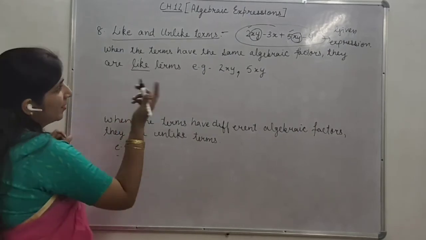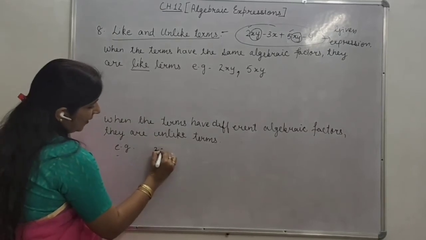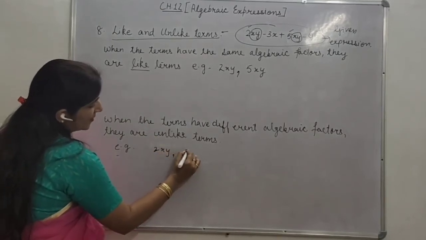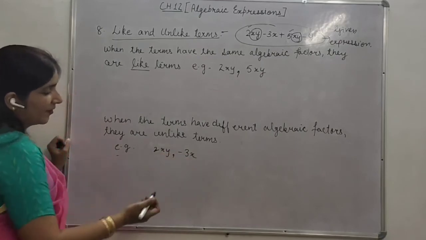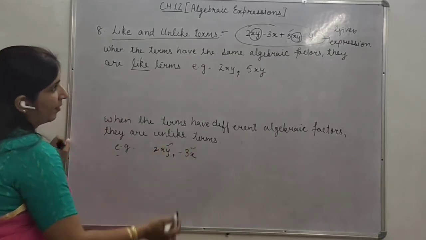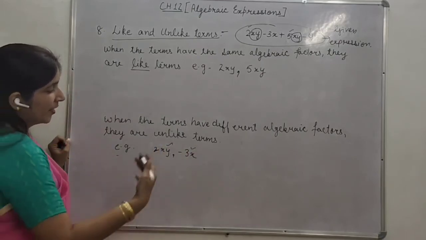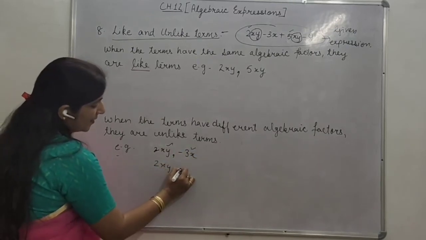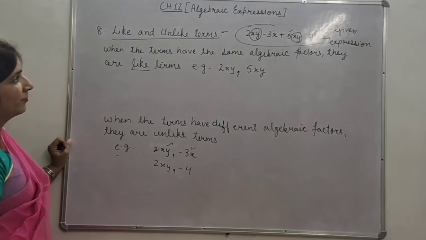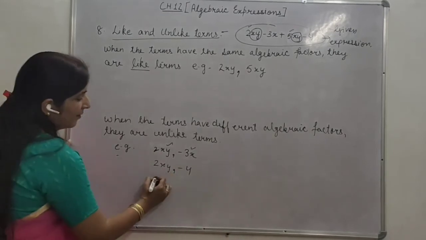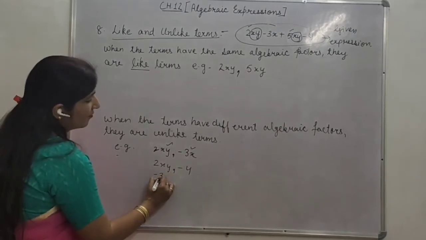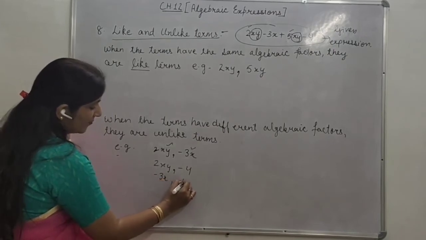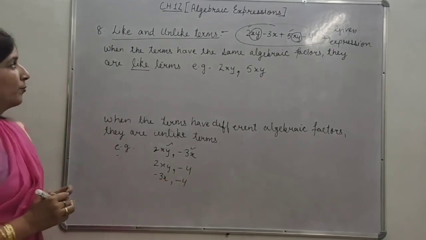Now you can see 2xy and minus 3x. They have different algebraic factors. It can be a pair of unlike terms. Even if I write 2xy and minus 4, this is again a pair of unlike terms. And if I write minus 3x and minus 4, this can also be a pair of unlike terms.